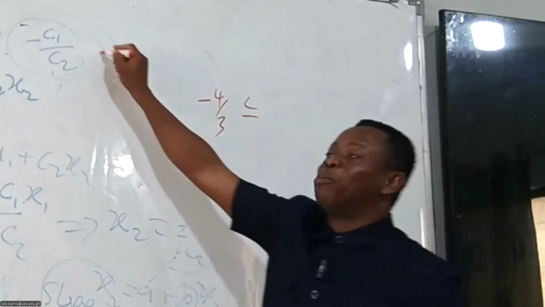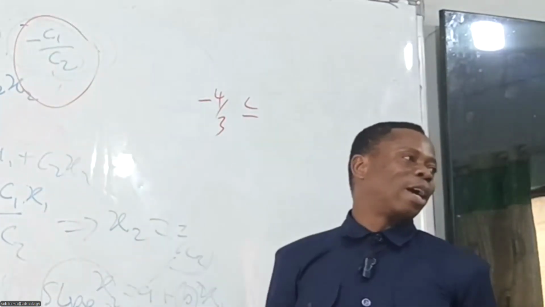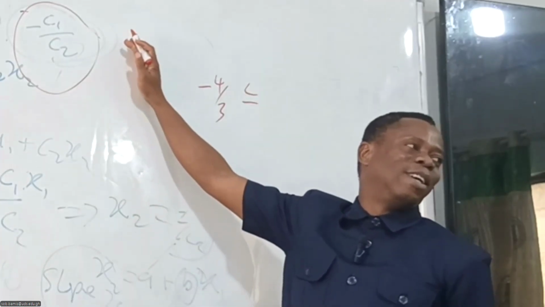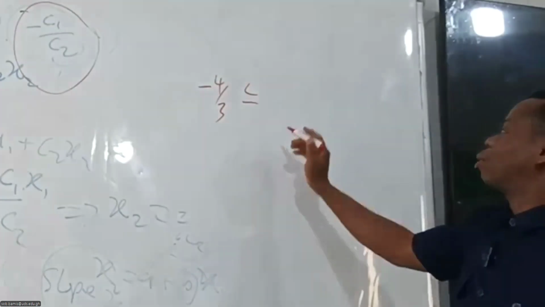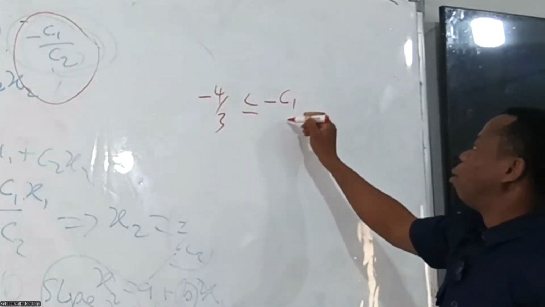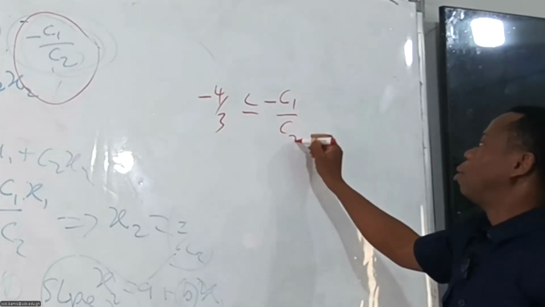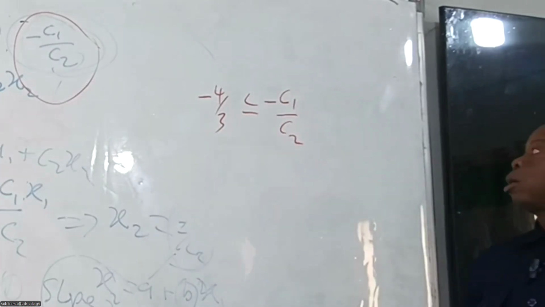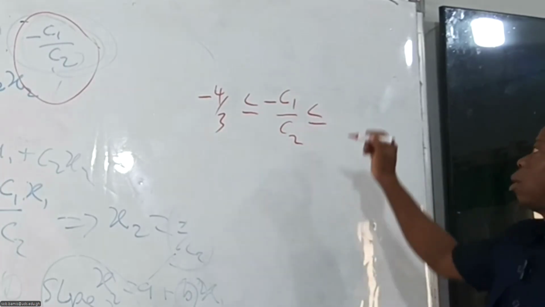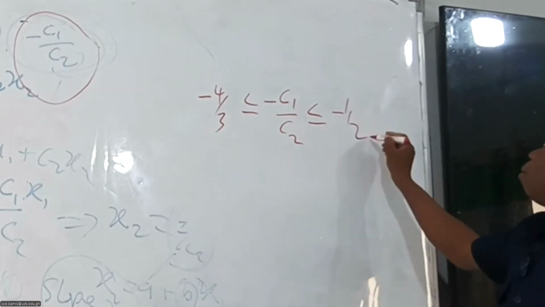Remember, we said that the slope of the objective function will be in the middle. So less than or equal to negative 1 over C2, which is also less than or equal to negative half.